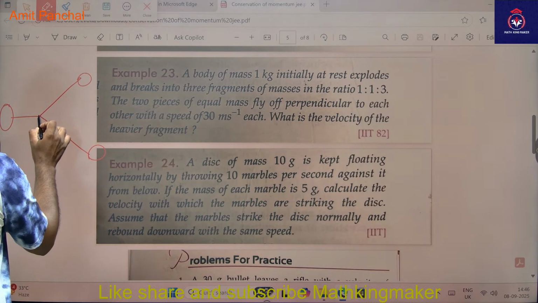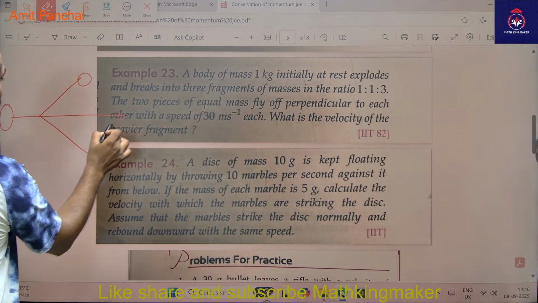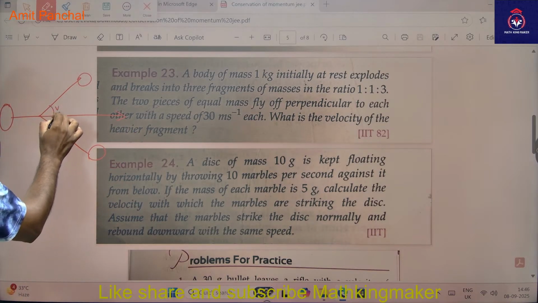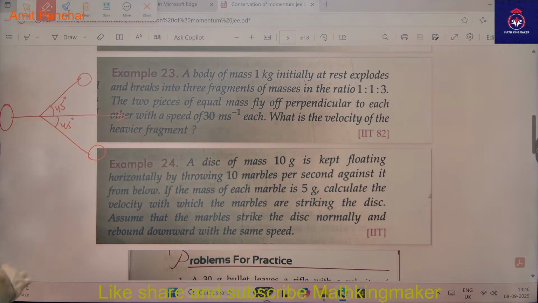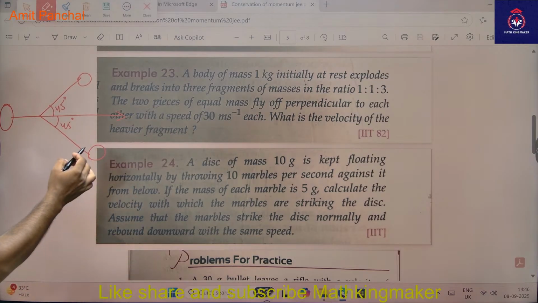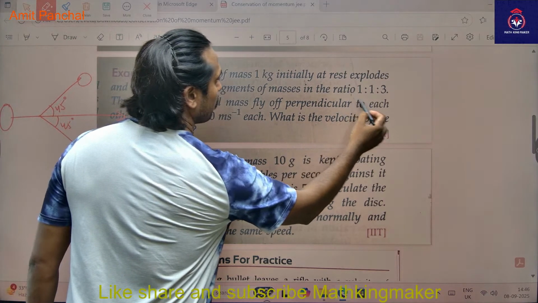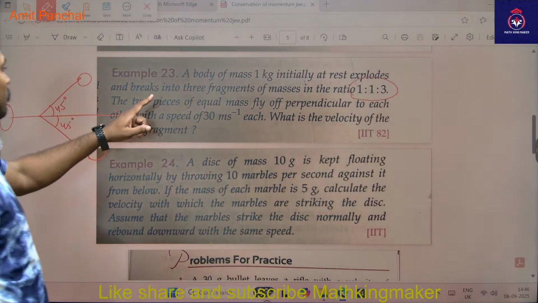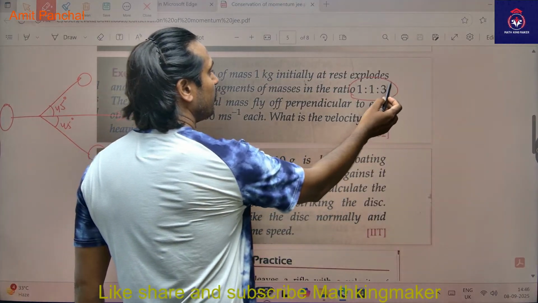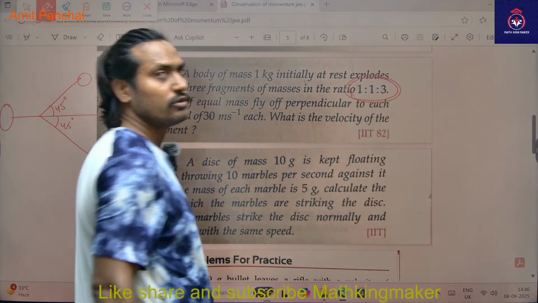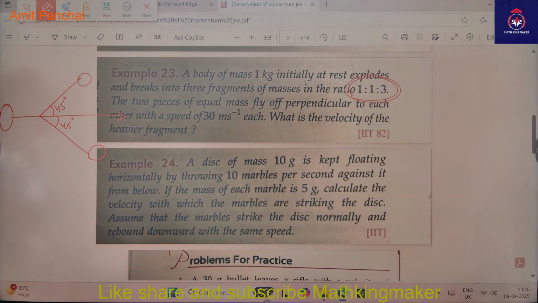So we can say it is going horizontal, this one will be 45 degrees, and that will also be 45 degrees. It was initially 1 kg and it is fragmented into 1:1:3. So what will be the mass of this body?